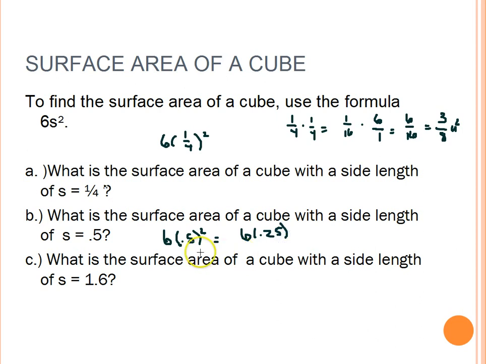Remember, multiplication, just like normal, except we count decimal places. So in this case, it looks like 25 cents. If I have 6 of those, how much money do I have? Again, using my mental math skills, that would be $1.50. So it would be 1.50 units squared.